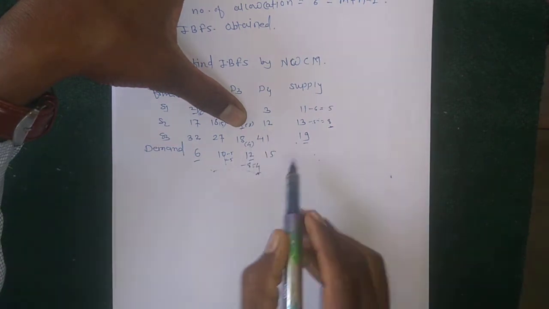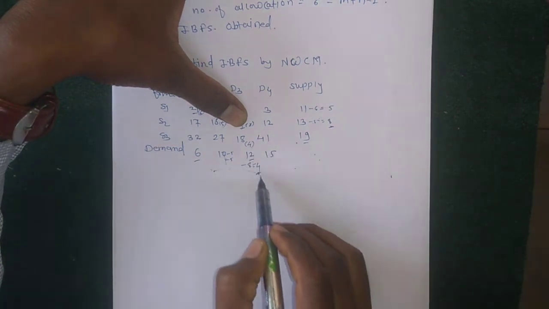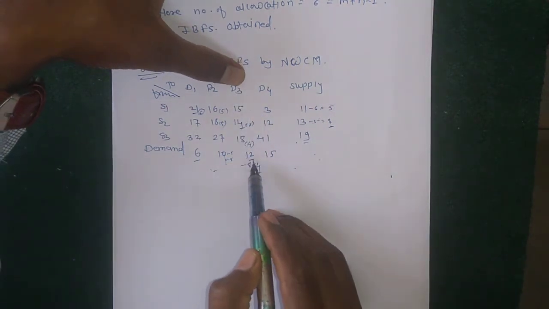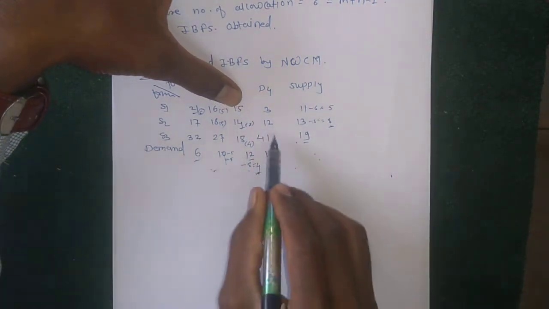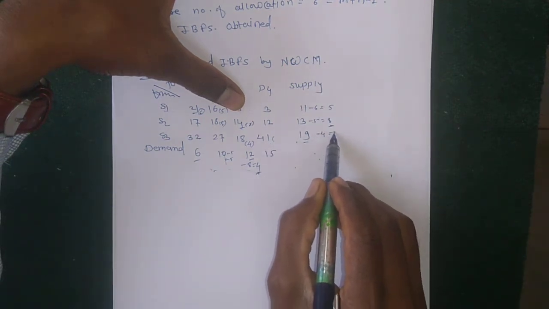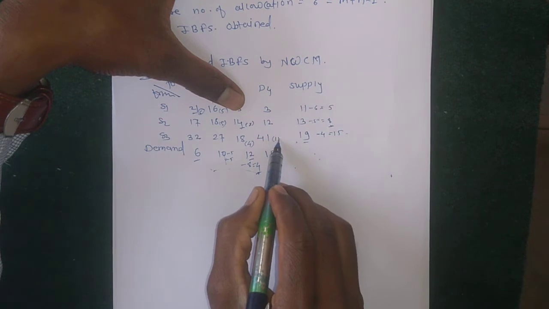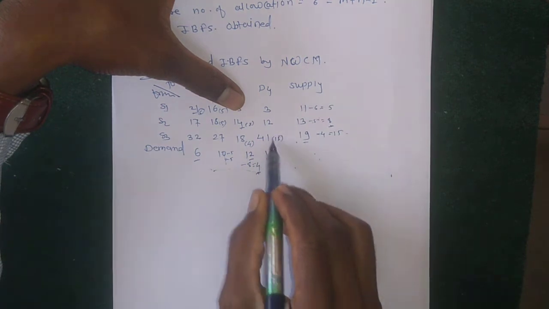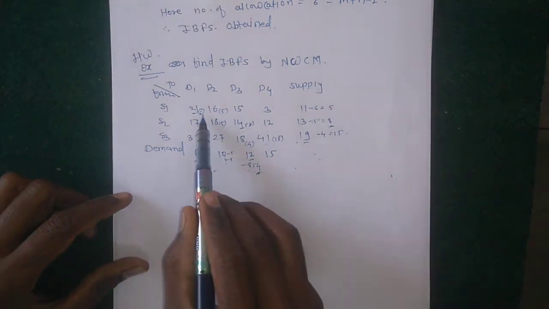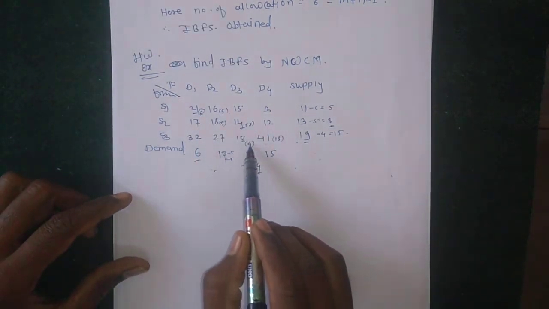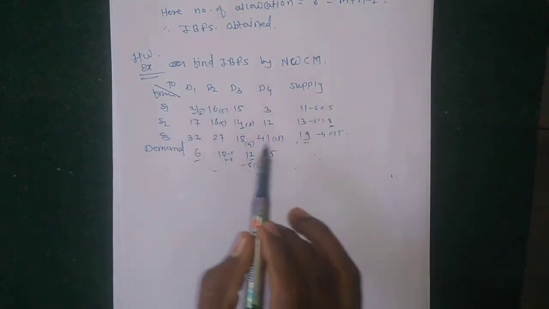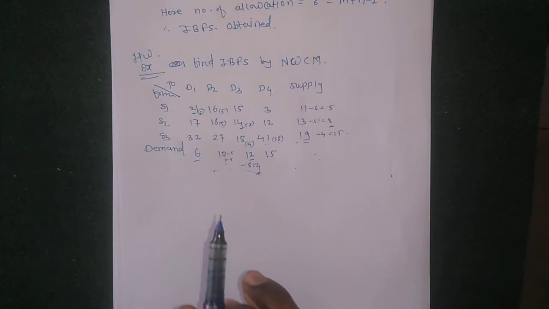Lastly, remove the D3 column, and only the S3 row and D4 column remain. Subtracting, 15 is equal to 15, so take either value, 15. Therefore the number of allocations is 1, 2, 3, 4, 5, 6, and the number of rows and columns are 3 and 4, so 3 plus 4 minus 1. The number of allocations equals m plus n minus 1.